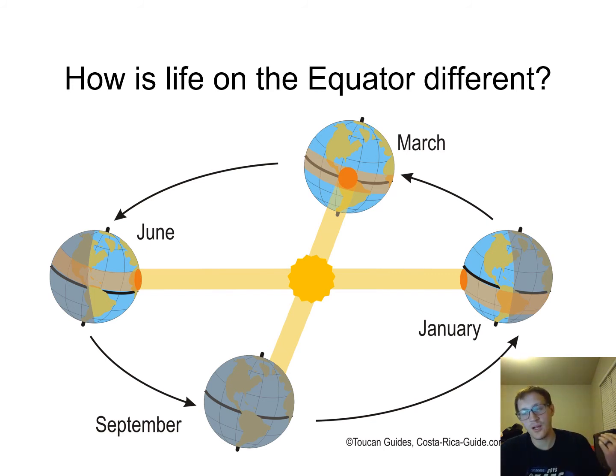They don't get a whole lot of really cold temperatures where they get snow or anything like that. That's not going to happen on the equator. So they're not going to experience drastic summer solstices or winter solstices. So their day length is going to be relatively the same all year round.